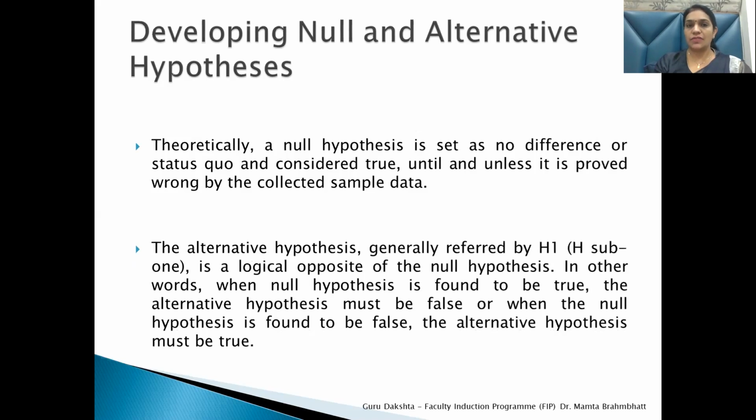The theoretical definition of null hypothesis is there is no difference, there is no change, there is no correlation, there is no influence. That means there is no difference in the status quo, which is considered true unless and until it is proved wrong by the collected sample. So the null hypothesis is tested for possible rejection.